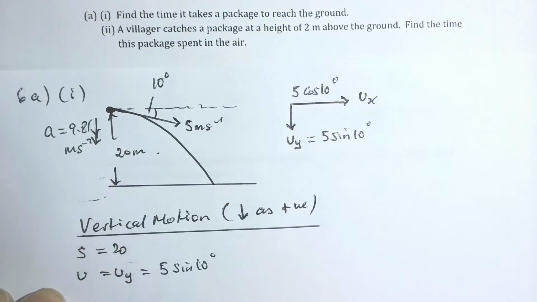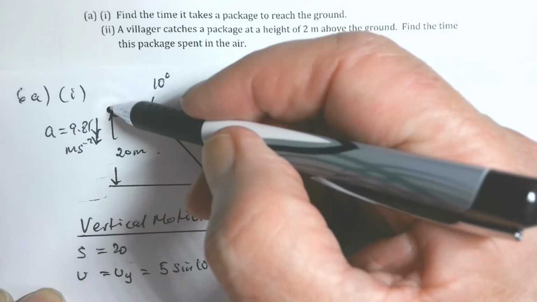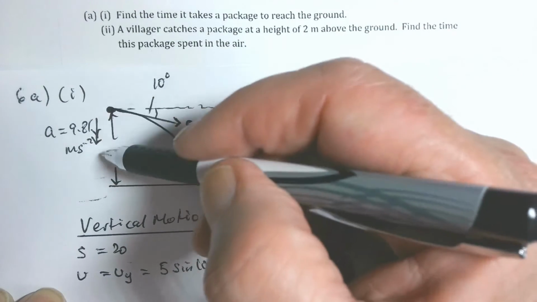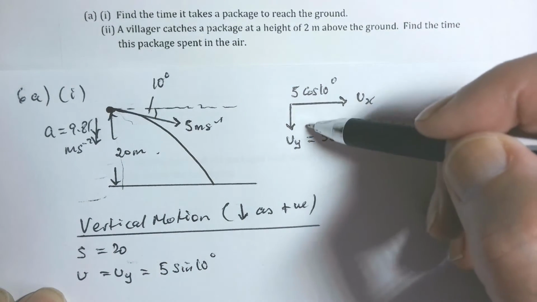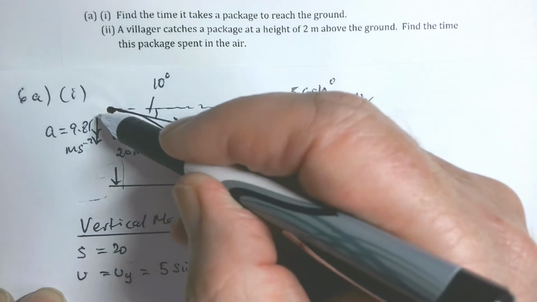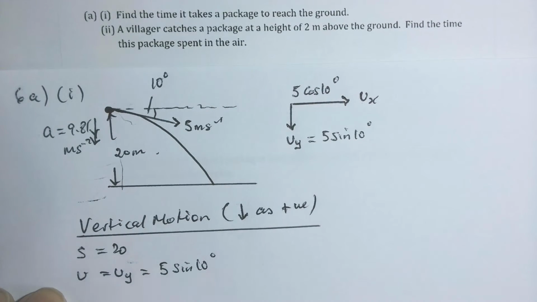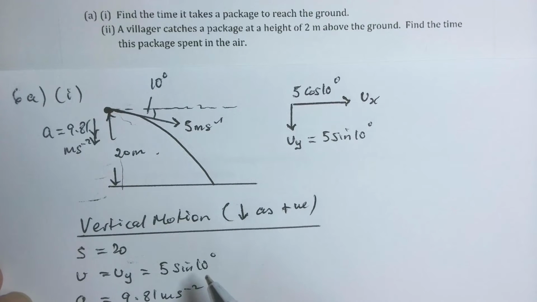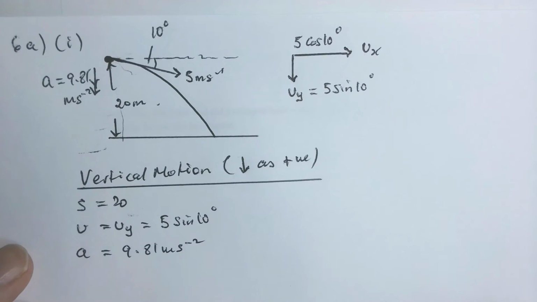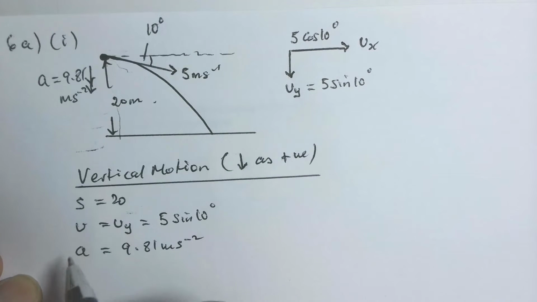Because I'm taking downwards as positive, the displacement downwards is 20 metres, the velocity downwards is 5 sine 10, and the acceleration downwards is 9.81. So these are all positive quantities. Acceleration is 9.81 metres per second squared, and we want the time, so we're going to use s equals ut plus a half at squared.